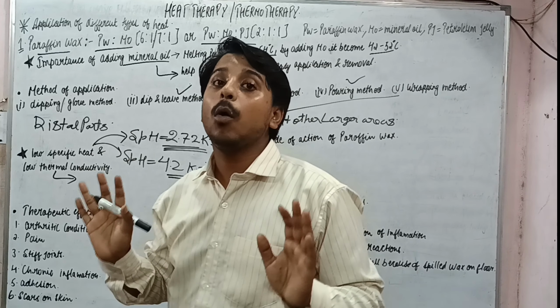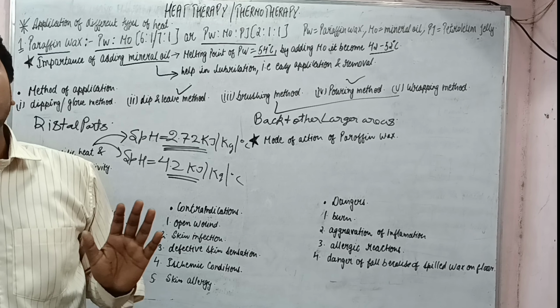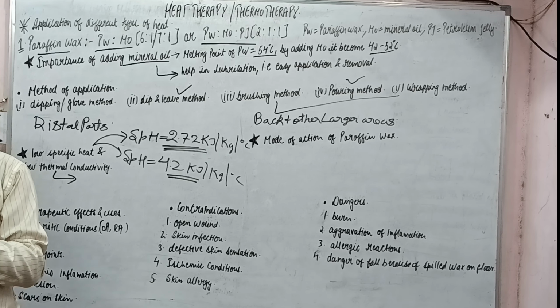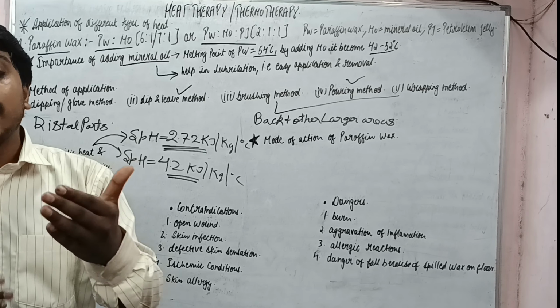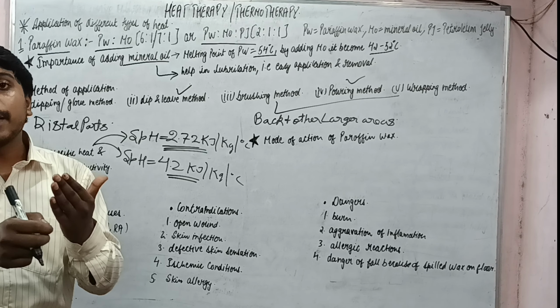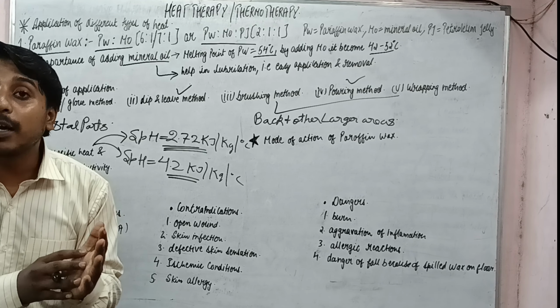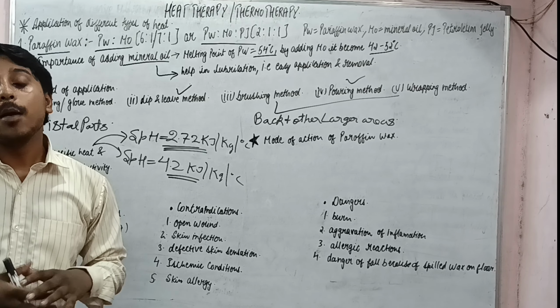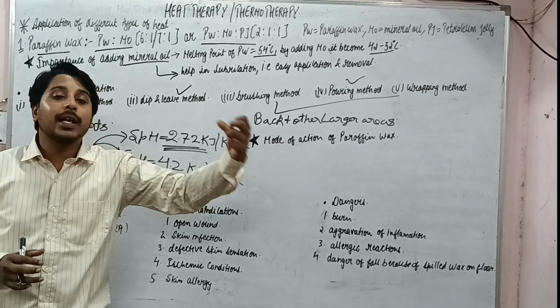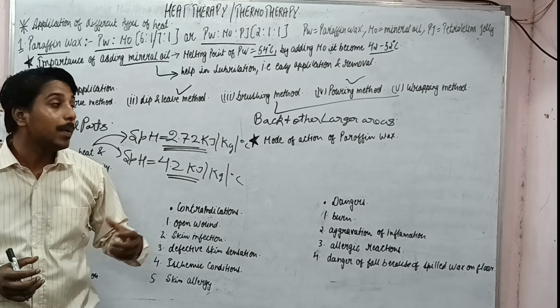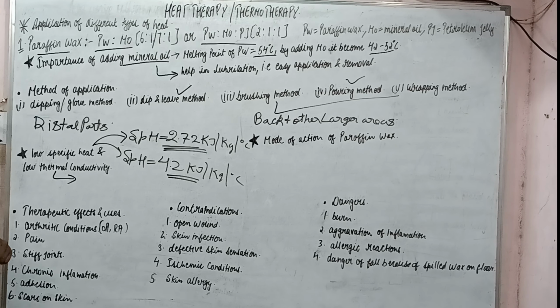It will not allow any conduction of the heat, so it will preserve the heat on the body part. Also, it will prevent sweating. So when you remove the paraffin wax, you will see that the part becomes moist and soft, which is also good in case of stiffness, that is for patients who are suffering from stiffness. So these two important terms we need to understand.